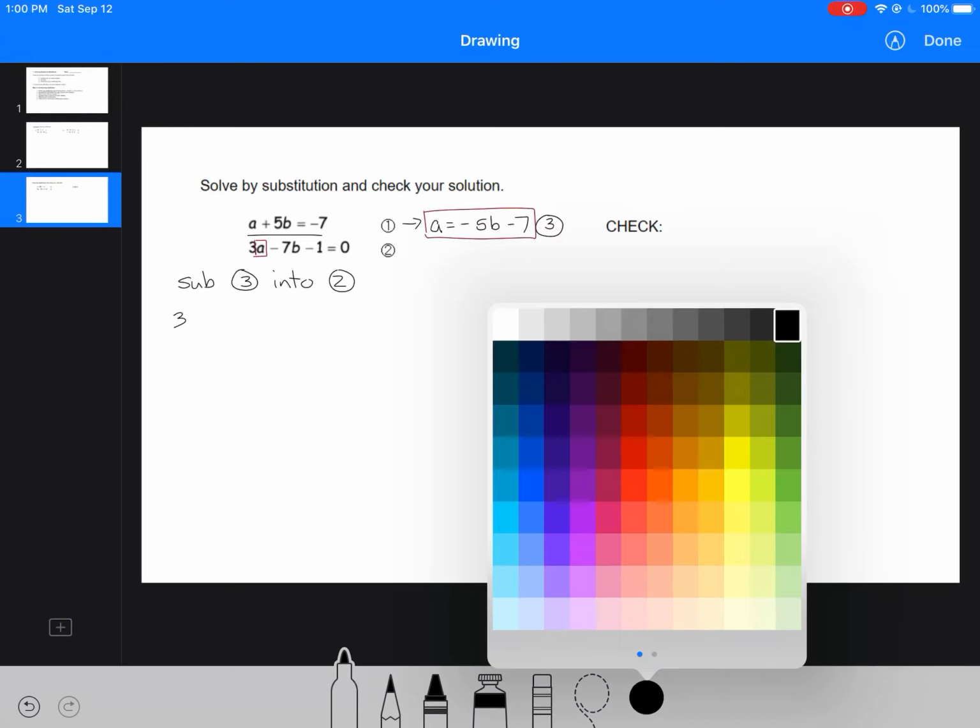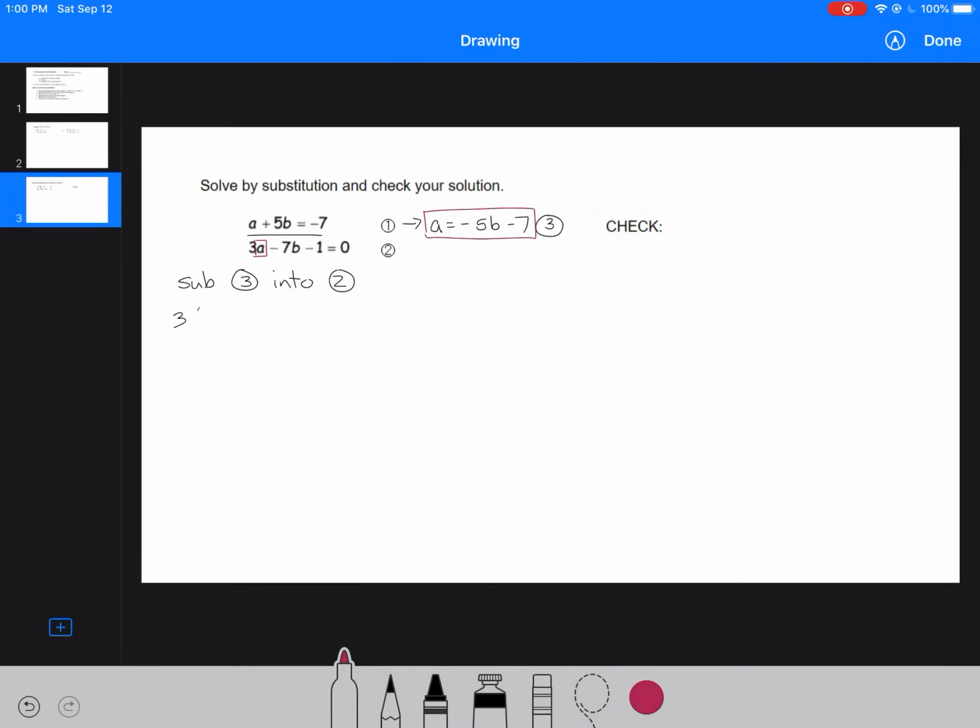So I've got 3 times minus 5b minus 7, minus 7b minus 1 equals 0. Minus 15b minus 21 minus 7b minus 1 equals 0.